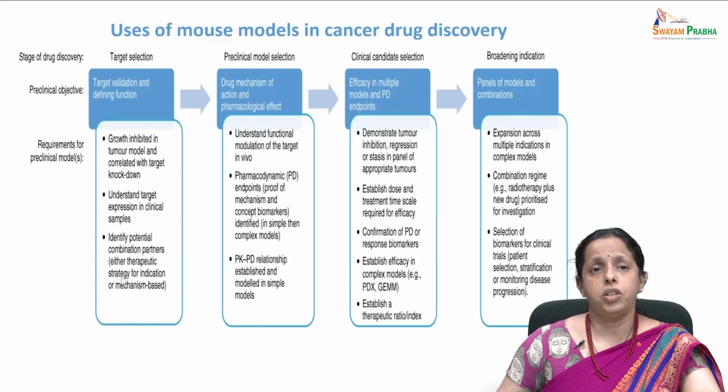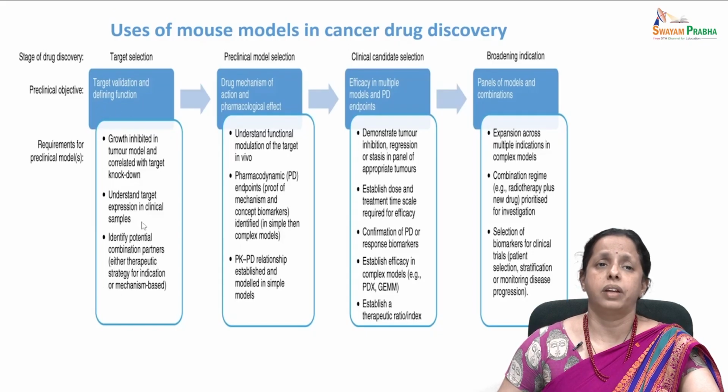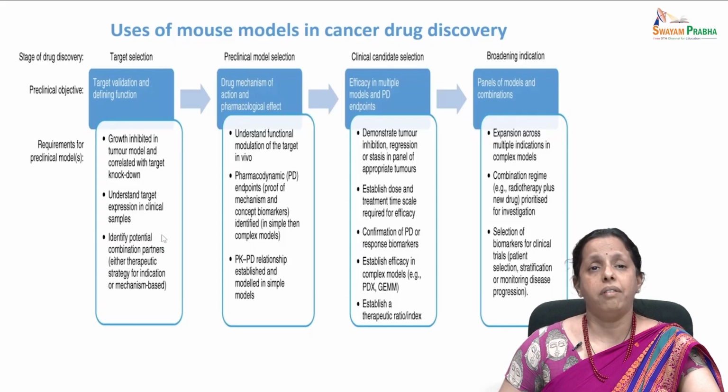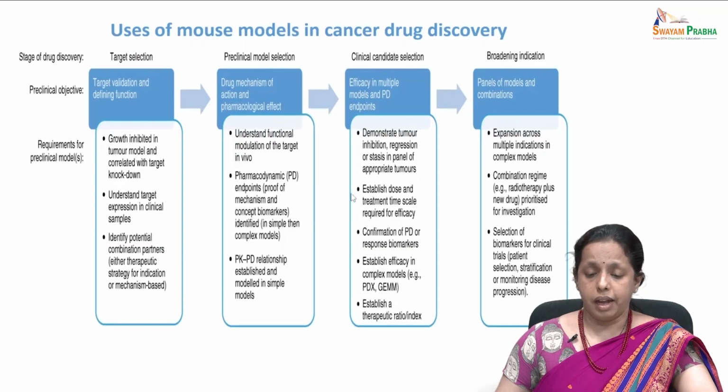It will enable us, for example, to identify potential combination partners for target evaluation. Can I evaluate an existing TKI inhibitor with any other novel compound or a natural compound? And during the drug mechanistic studies, if I am using a novel combination, what are the pharmacokinetic and pharmacodynamic relationships established in these simple models, and how can they be extrapolated to humans?